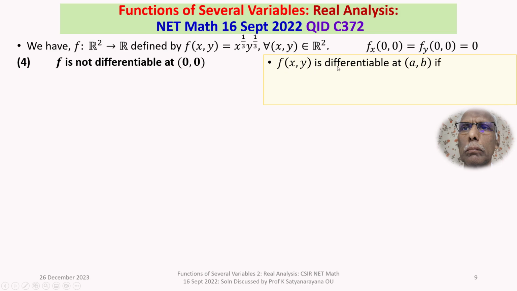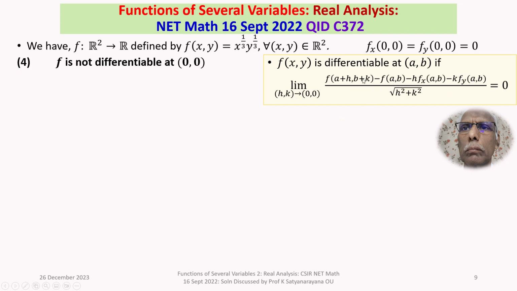f(x, y) is differentiable at (a, b) if and only if the limit as (h, k) tends to (0, 0) of [f(a+h, b+k) - f(a, b) - h f_x(a, b) - k f_y(a, b)] divided by the square root of h² + k² is equal to 0.